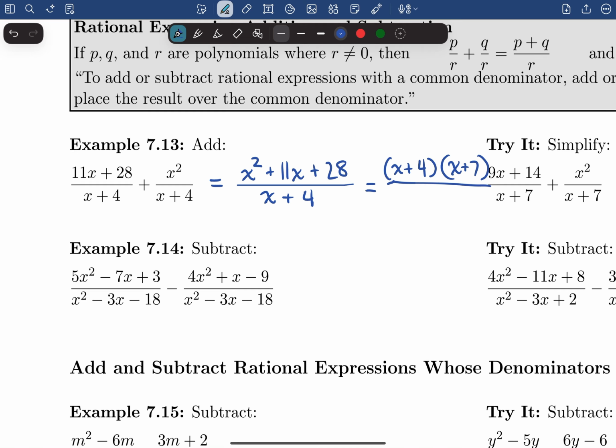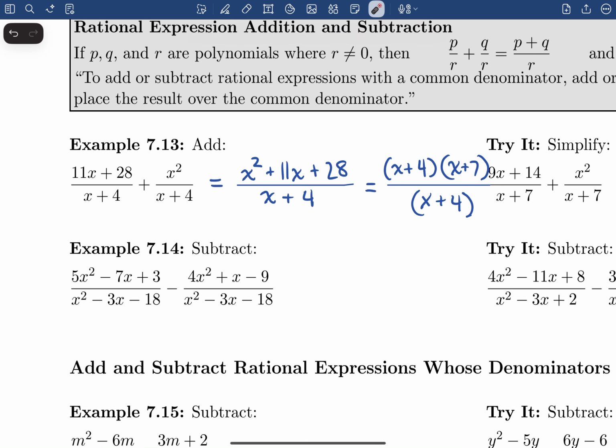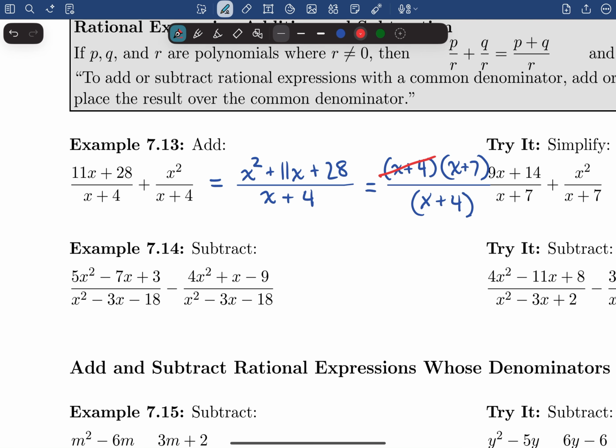Great. And now in the bottom, I have an x plus 4, and I notice that x plus 4 factor can cancel with the x plus 4 factor on top. So once we've factored, we are allowed to cancel factors that are common in the numerator and denominator. So this all simplifies to a final answer of x plus 7.